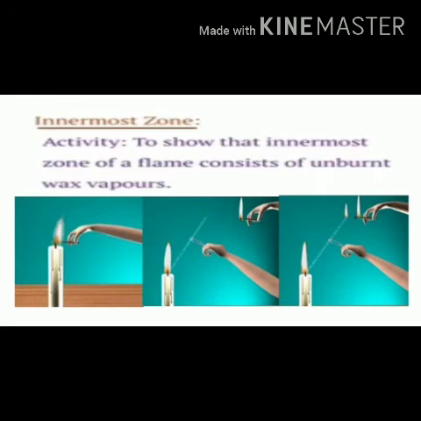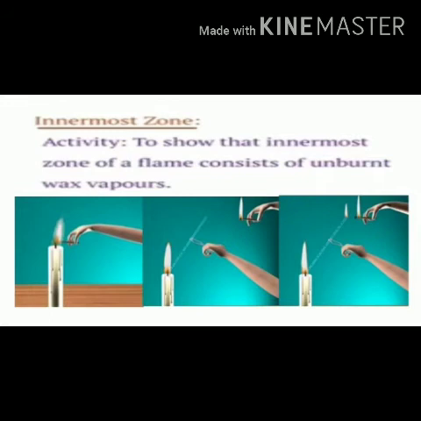Now how does this happen? See, the innermost zone of the candle flame near the wick consists of what? Yes, unburnt wax vapors. Now some of these wax vapors enter the glass tube. Remember where we introduced that glass tube? In the dark zone.